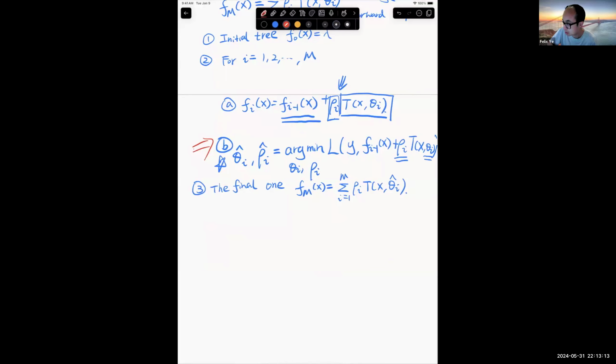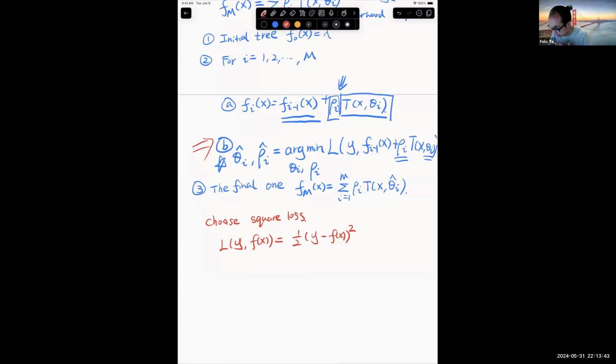For example, we can choose the square loss. That means L(y, f(x)) is equal to 1/2 of (y minus f(x)) squared. So this is basically a square loss.